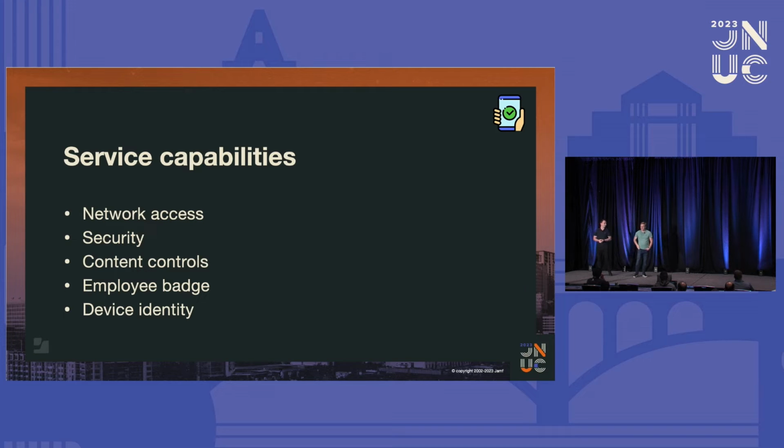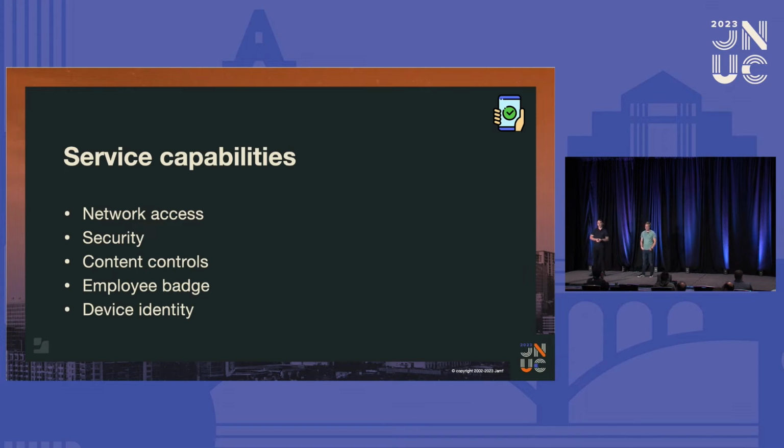Okay, thank you, Alex. Before we dive into service capabilities, a disclaimer: it will be a very light, high-level touch. If you are interested in the details of the service capabilities, just send us a message or come to us after the session.